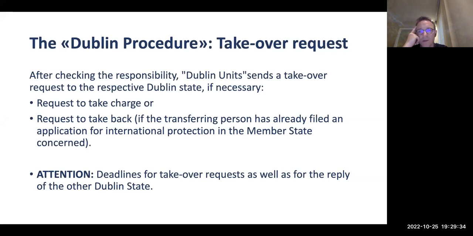In practice, the transfer is either done voluntarily, meaning you just receive a decision that you have to go back to Italy, and if you go, then that's what happens, or it is forced, in a way that a person is transferred forcibly, mainly by flights, to the country responsible for the asylum application.